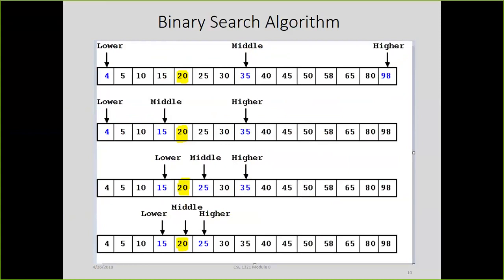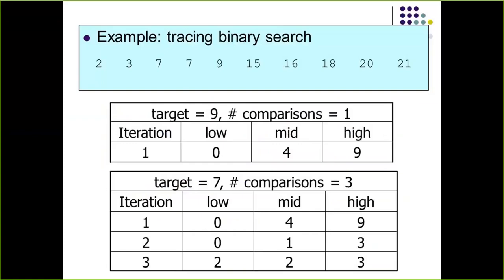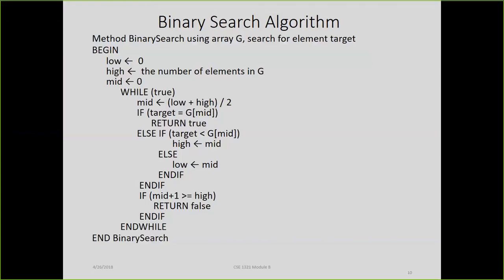Okay, so I have a picture over here. This shows that my low index is 0 and my high index is the last index. When I have the high index and low index, my middle index is calculated as low index plus high index divided by 2, which will be an integer number.